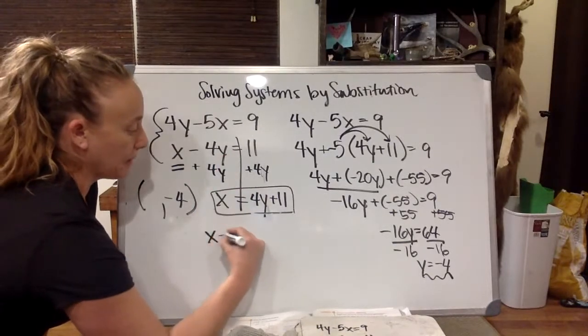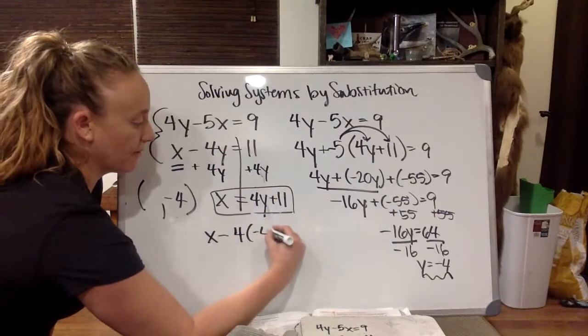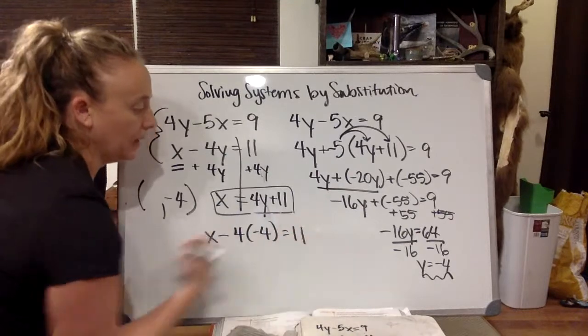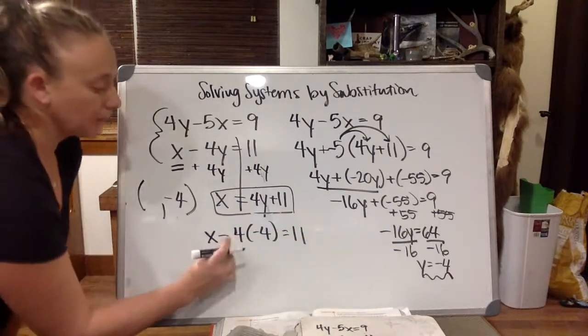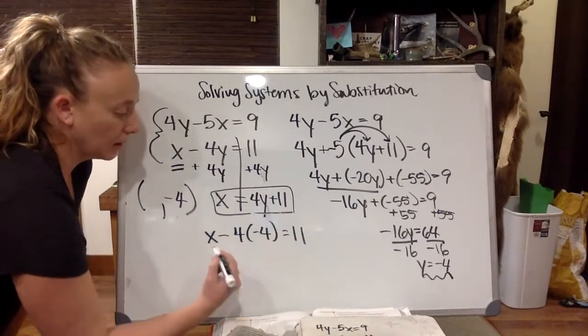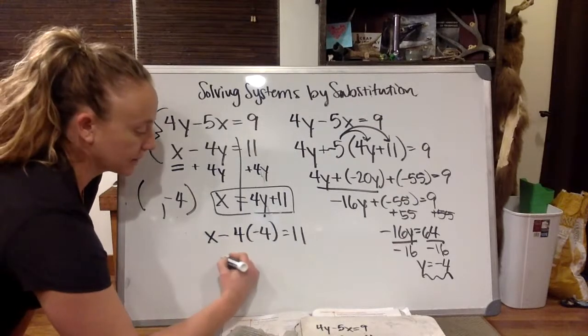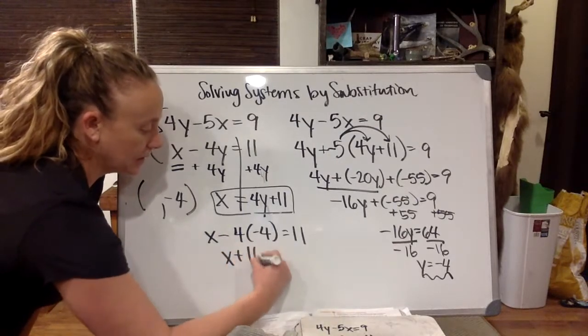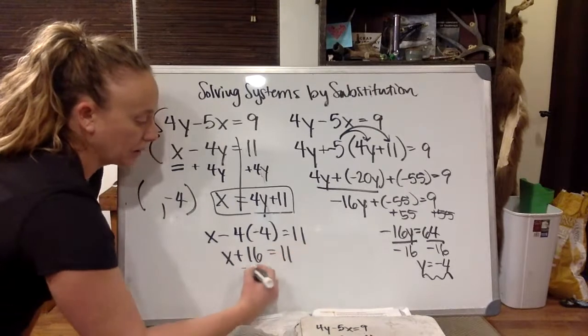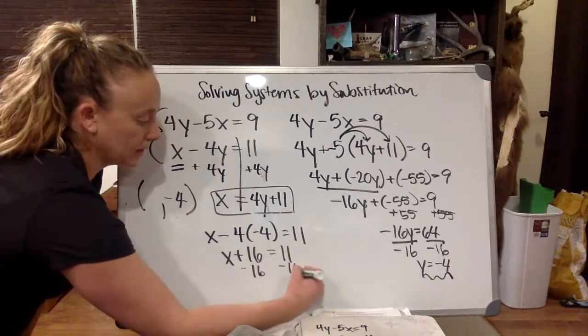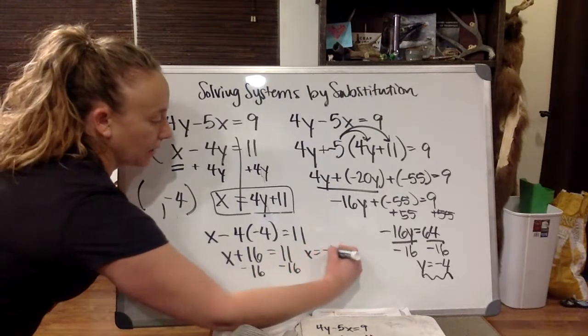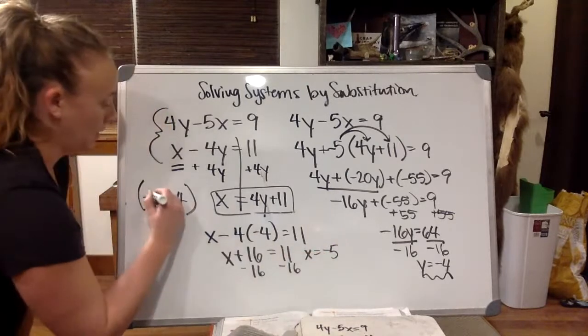So I get x minus 4 times negative 4 is equal to 11. And I'm going to solve for x. Negative 4 times negative 4 is positive 16. So I get x plus 16 is equal to 11. I'm going to subtract 16 on both sides. I get x is equal to negative 5.